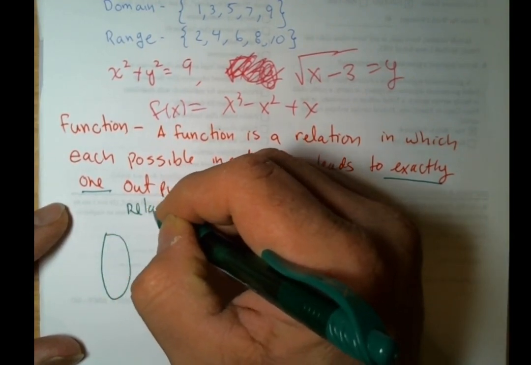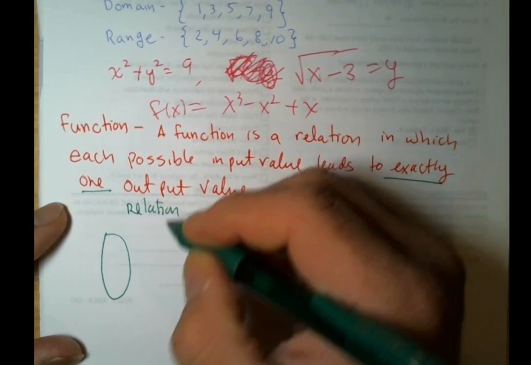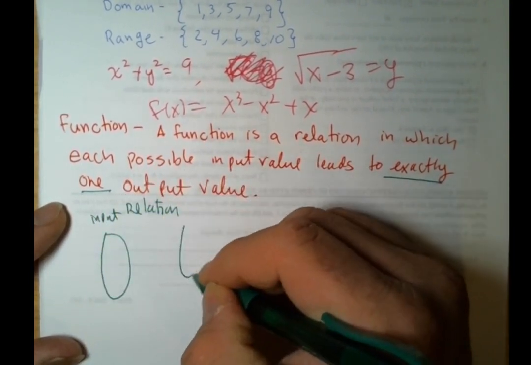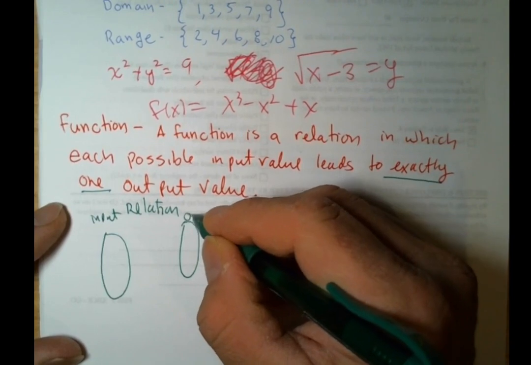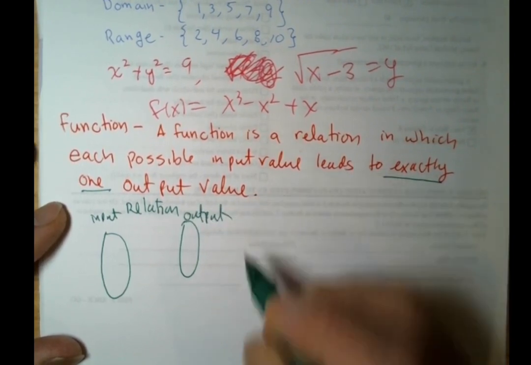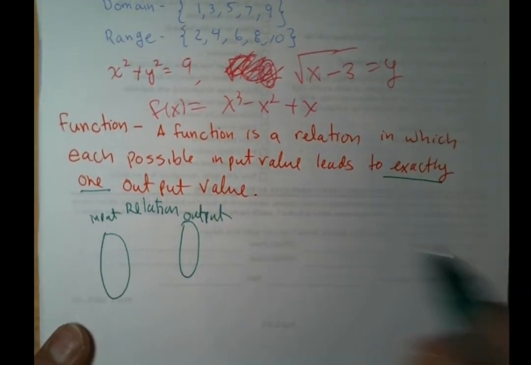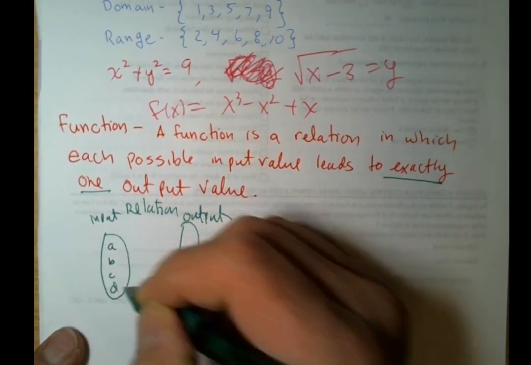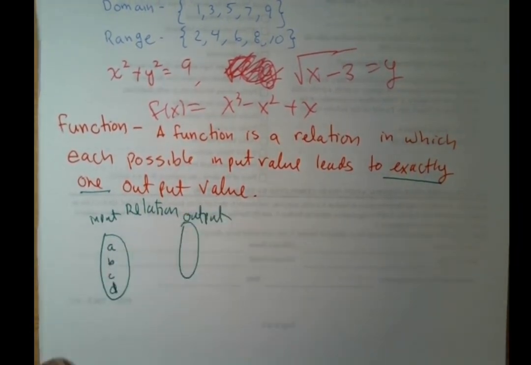If you think of this abstractly as a relation where this is the input and this is the output, almost like maps, we're going to map the input onto the output. Let's say the input consists of some values, just to keep it very general, A, B, C, D. Those represent some real numbers.